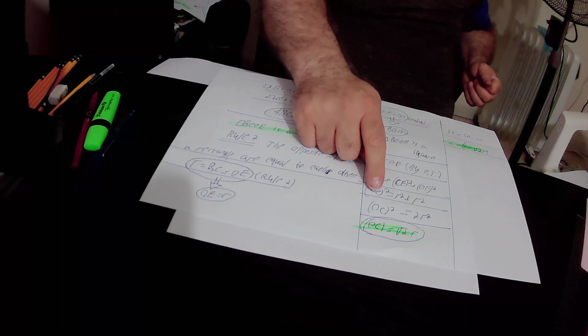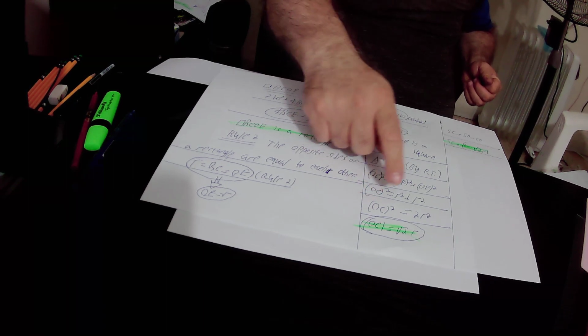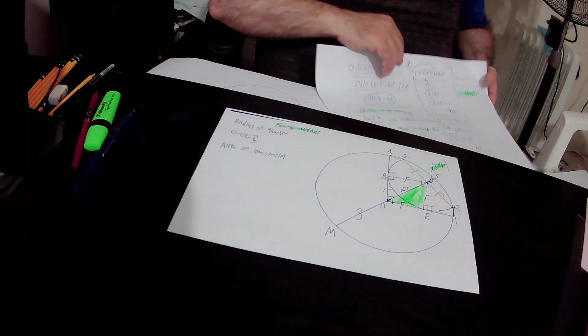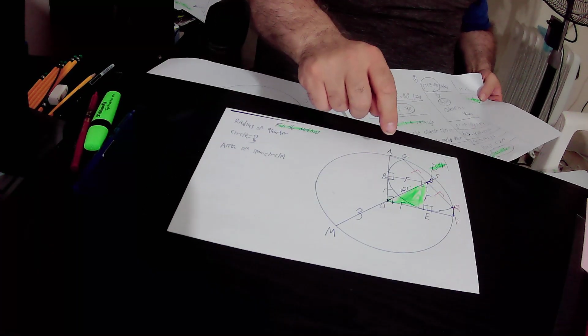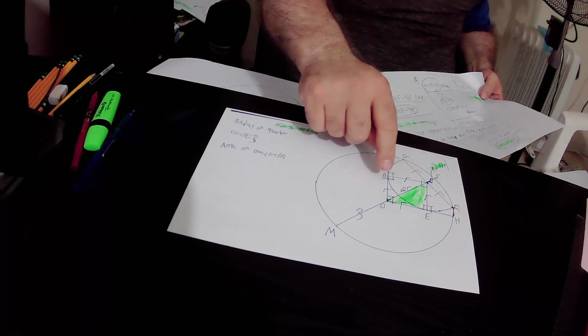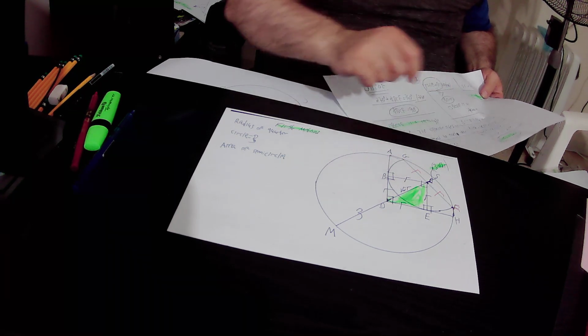We took the root of this equation and found out that OC equals the square root of 2 times R. So the diagonal CO of the square BCOE equals square root of 2 times R, where R is the radius of the semicircle.